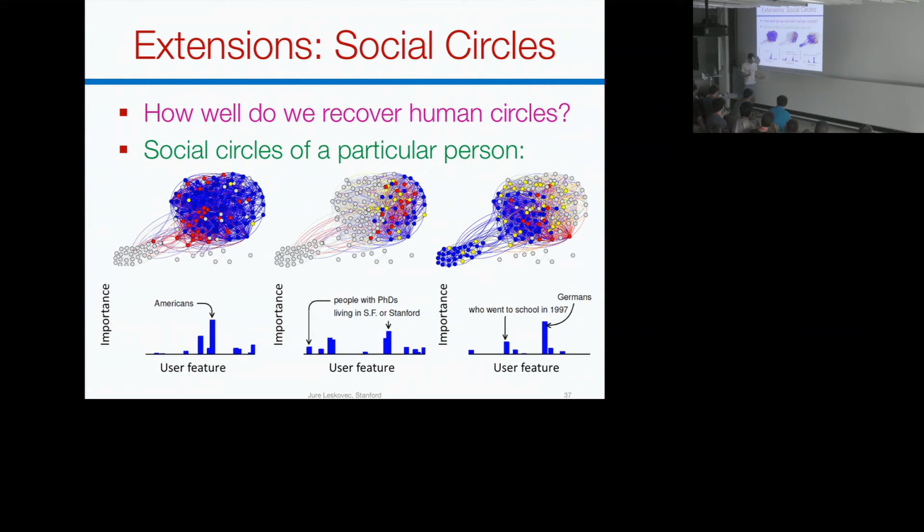That's one way. Another source of ground truth is, for example, if I look at academic collaboration networks, what communities do I expect to see? Scientific communities. What are scientific communities defined by? They are defined by conferences. So let's say I identify clusters and then I ask how well do they correspond to publication venues, for example.